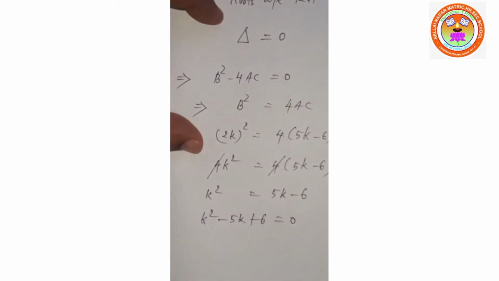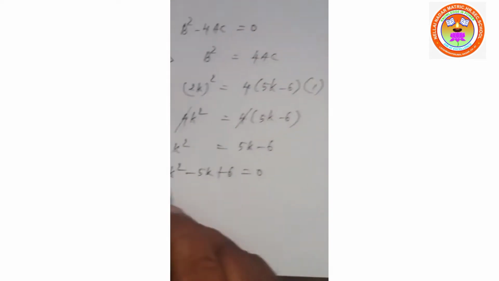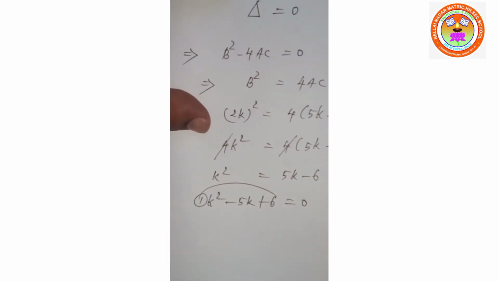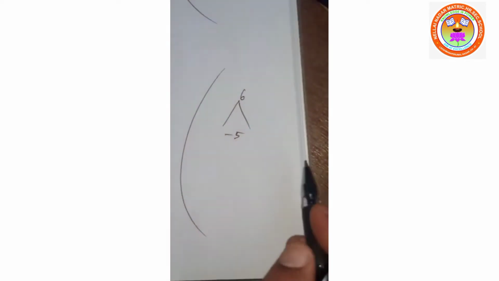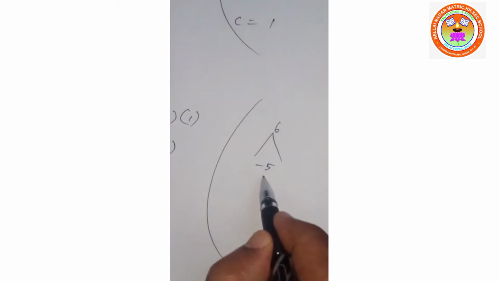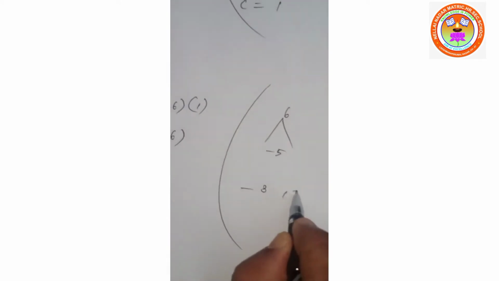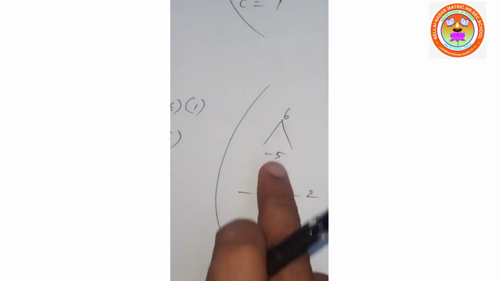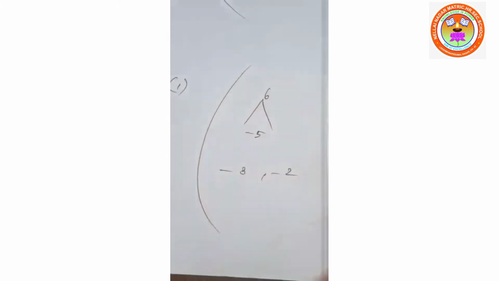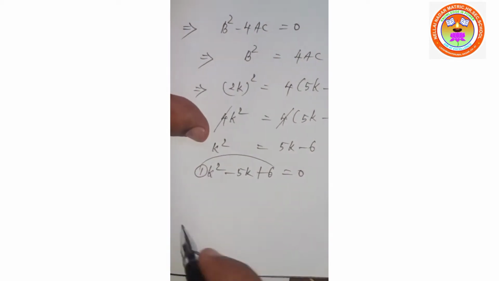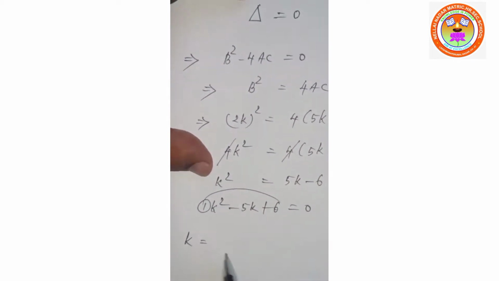You can solve. 1 into 6 is 6 and the coefficient of k is minus 5. Product 6, sum minus 5, the two numbers are minus 3 and minus 2. Add the two numbers, minus 5, multiply the two numbers, plus 6. Since it is an equation, you can find the values of k directly.